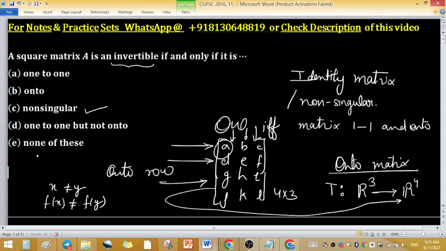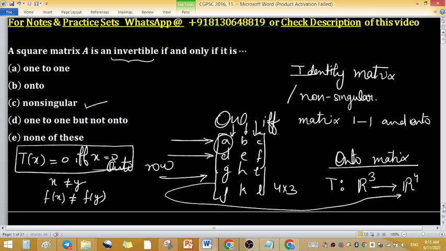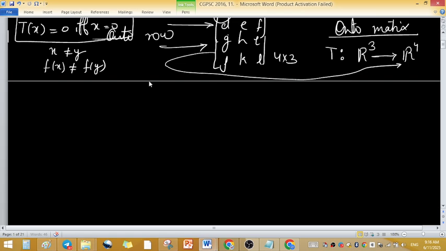But in linear algebra, you say T x equals 0 if and only if x equals 0. A linear transformation is said to be 1-1 if it satisfies T x equals 0 if and only if x equals 0. If we have a matrix representation, then change T with A. So A x equals 0 if and only if x equals 0.